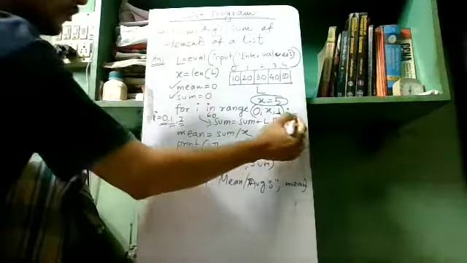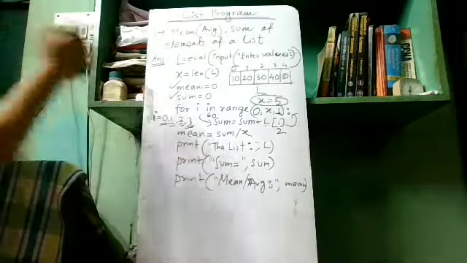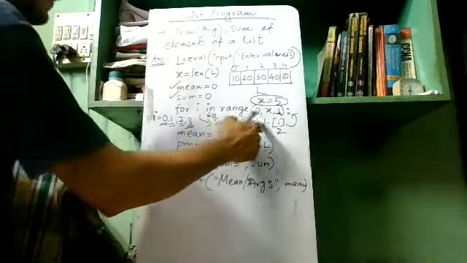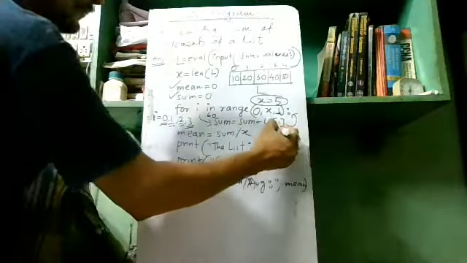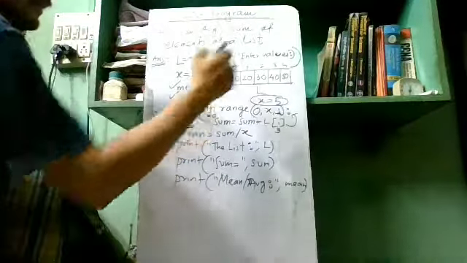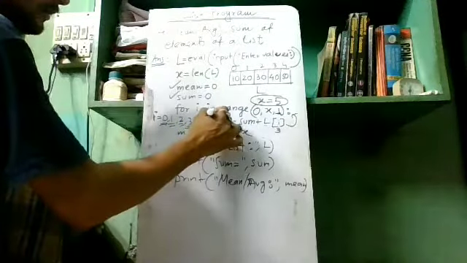Again the loop circulates. I will be incremented by 1. That means I will be 3. Again the loop comes here. Sum equal to sum plus Li. Now I is 3. Sum was 60. L3 means 40. So 60 plus 40, 100, within sum.